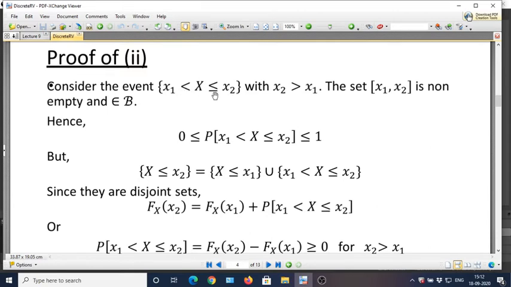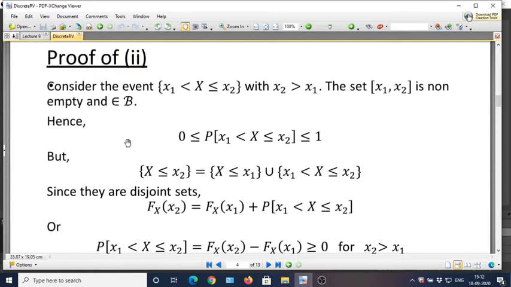So here it is equal to, whereas there it is less than, that is to be noted, for x2 being greater than x1. Then if you assume that this interval is a non-empty one and it is an element of the Borel field, and if this condition is met, then it will be strictly non-empty, then we will see that the probability measure of events of this form should lie between 0 and 1.